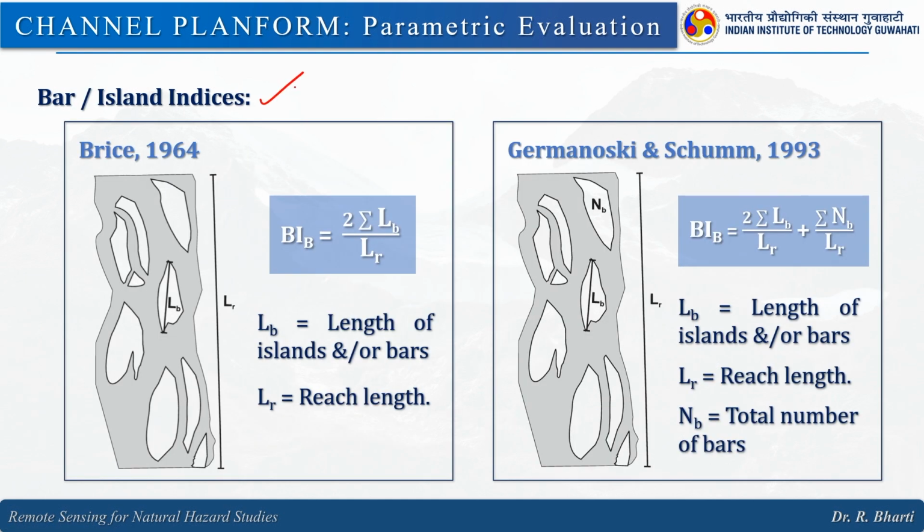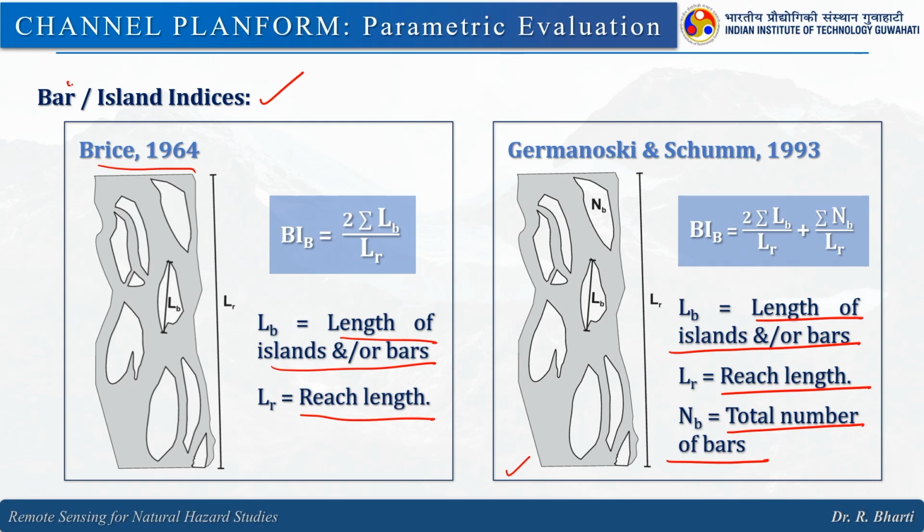Bar island indices. This is from Bryce, and here you can see the length of islands or bars and the reach length that is used, and the total number of bars is also used, right. So, this is the bar or island indices.